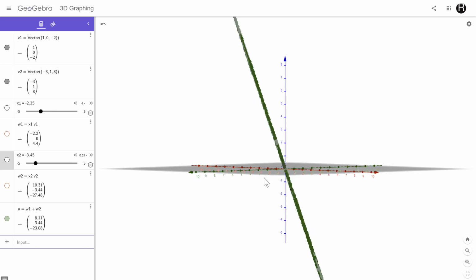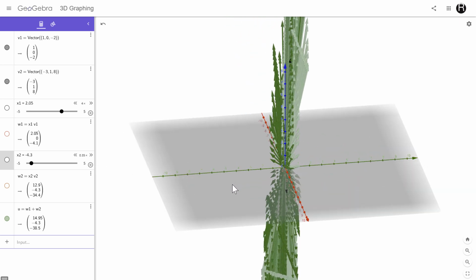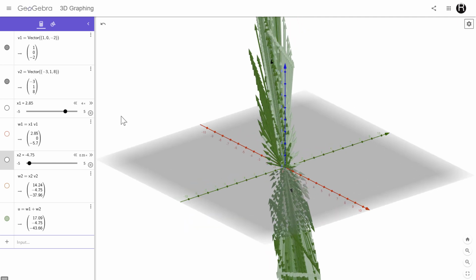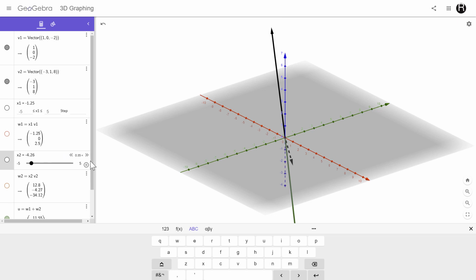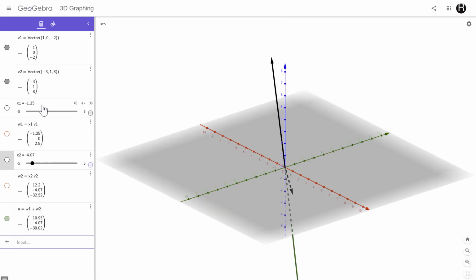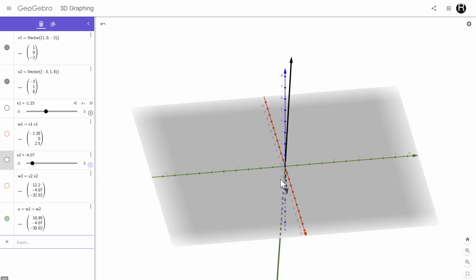But if we have 2 vectors and we find any possible linear combination of those two vectors, it looks like we will actually get a plane. So let's pause this for a minute, and let's take a look at the plane. What's that plane going to be?